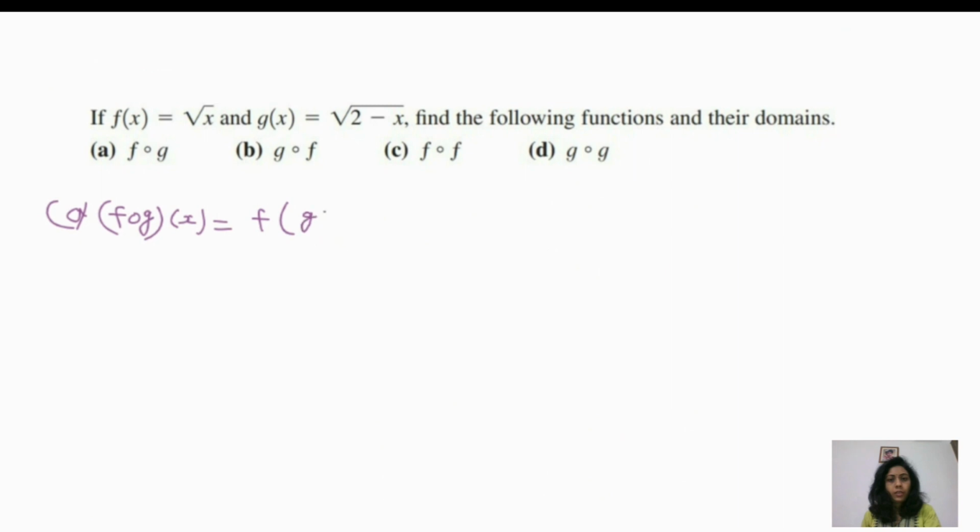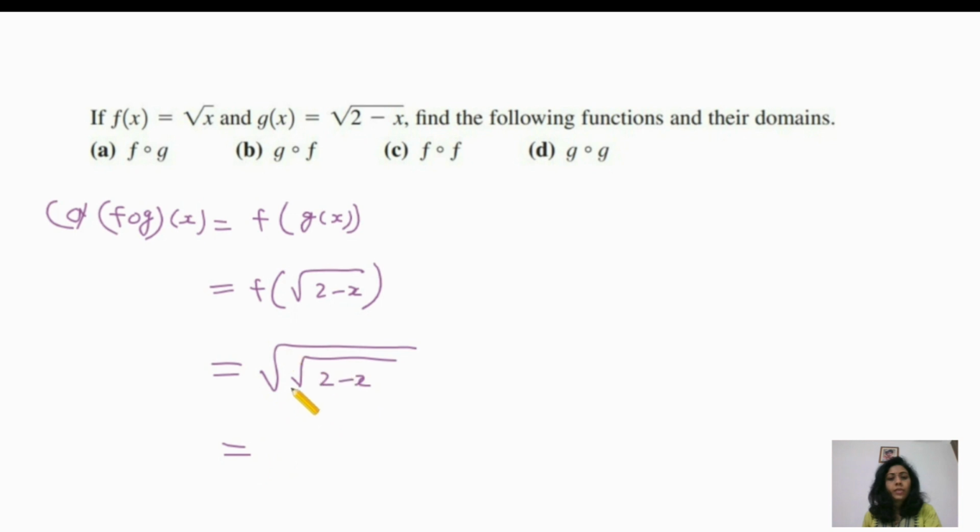Here what is g(x)? g(x) is square root 2 minus x. We can substitute the g(x) value. Now here f(x) is square root x, so x is replaced with square root 2 minus x. So this is square root, and the x value is replaced with this 2 minus x.